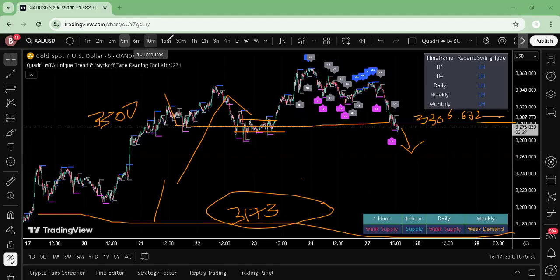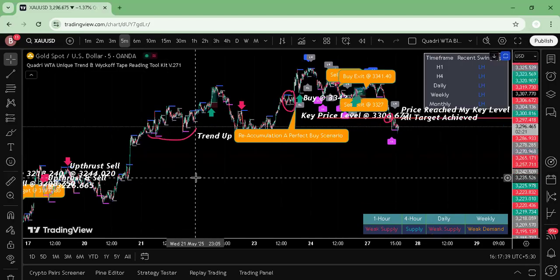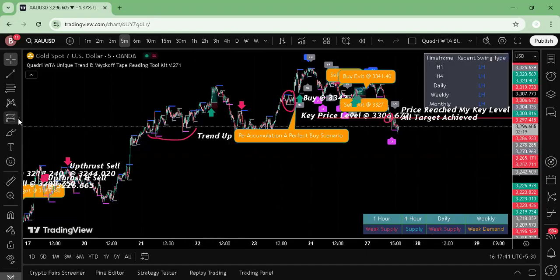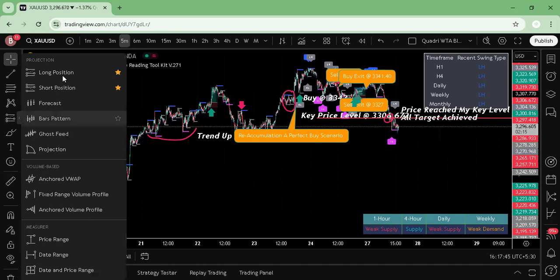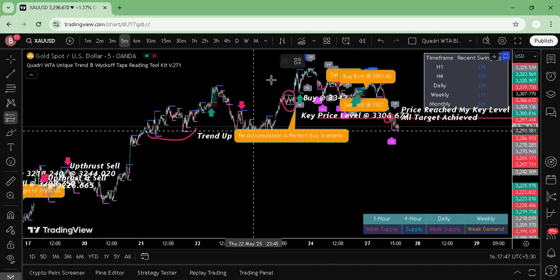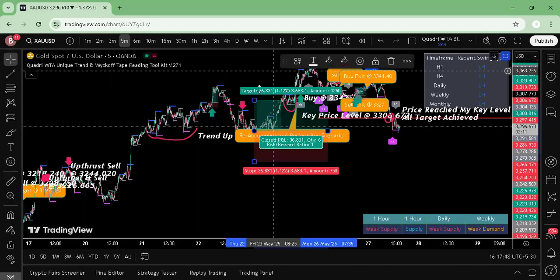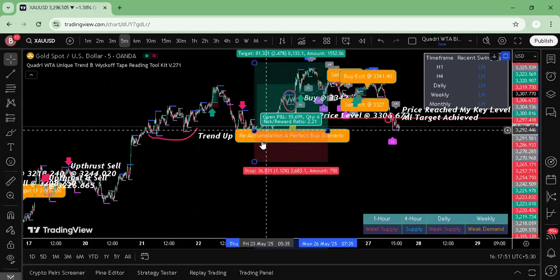It depends upon person to person, trader to trader. For example, if I'm considering a long situation from this particular 3300, what is my risk to reward?